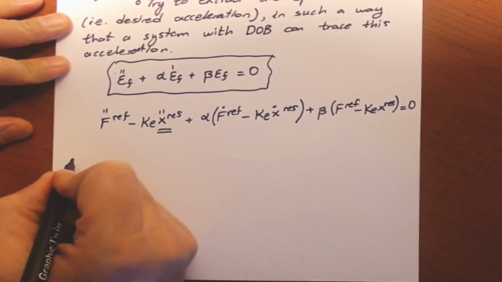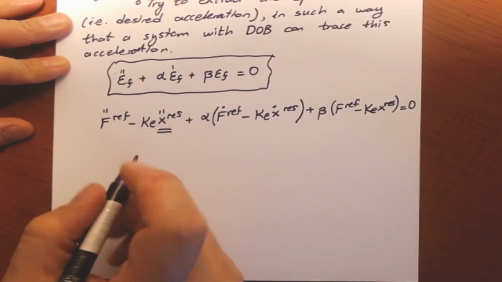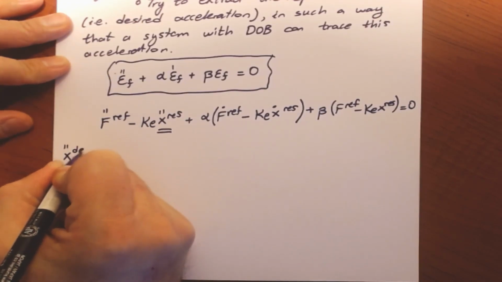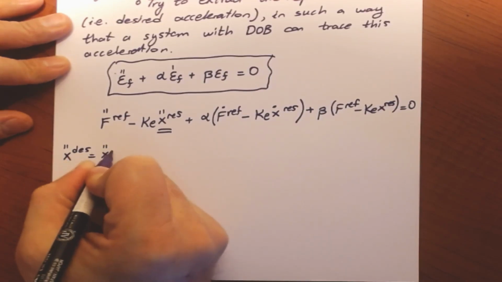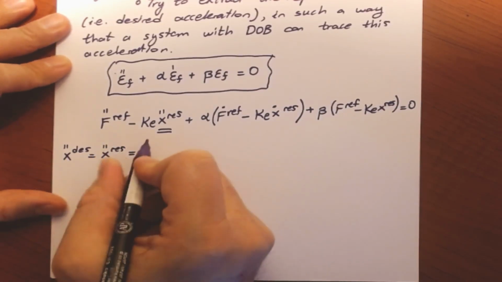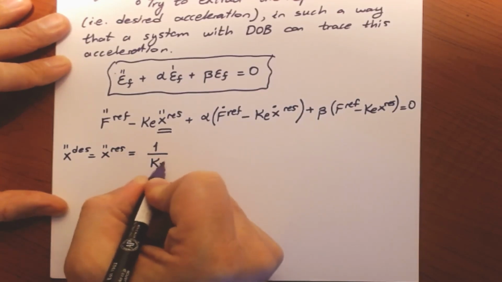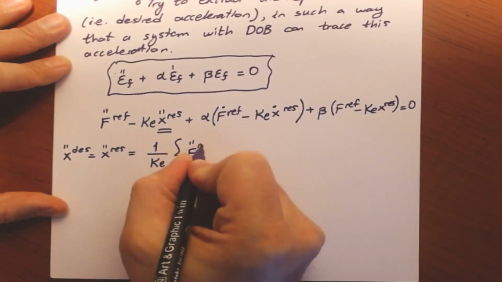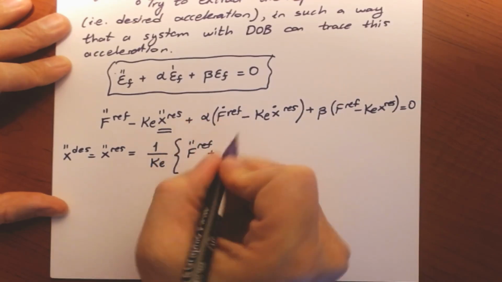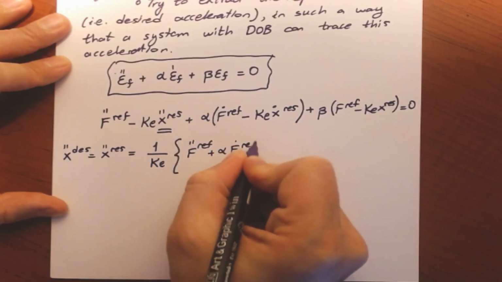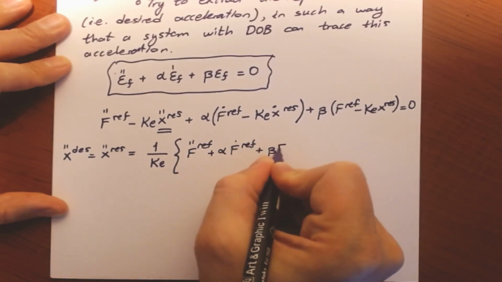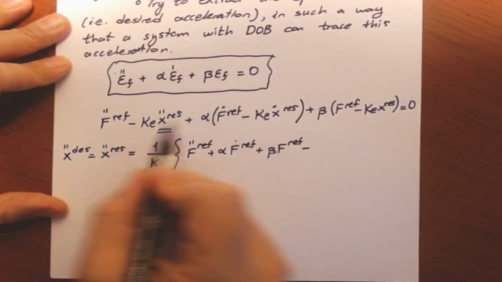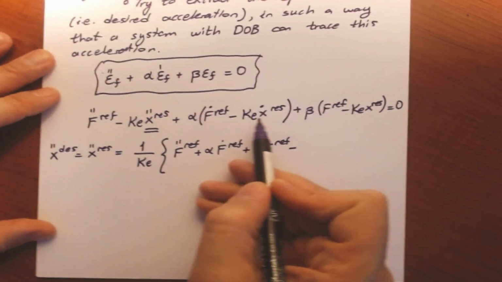Without loss of generality, we can move this to the right hand side of the equation and divide everything by KE to get this X double dot desired, which is nothing but X double dot response in our case, equal to 1 over KE times F double dot reference plus alpha times F dot reference plus beta times F reference, minus, I have here alpha KE X dot response.